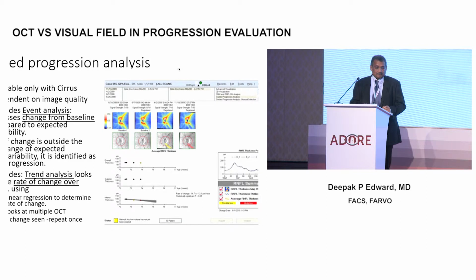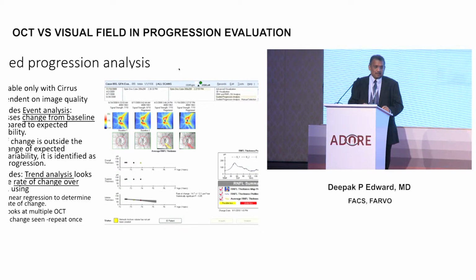The Zeiss machine has the guided progression analysis. The machine gives you two parameters, both statistical analytical tools. The first is an event-based analysis, which basically tells us what is the change from baseline. For example, you see the picture panel on the top. It's kind of a nice way to tell you.